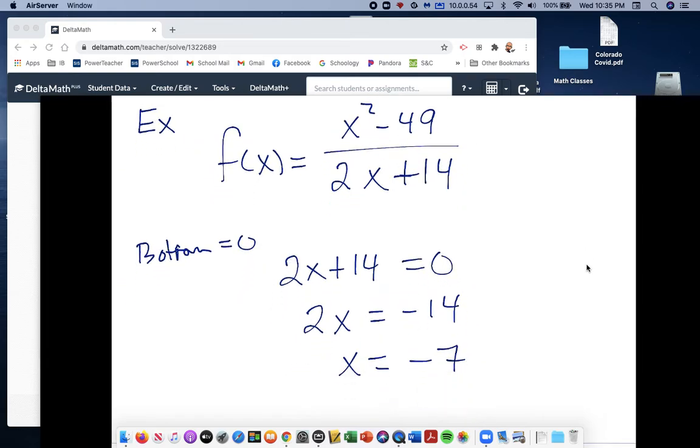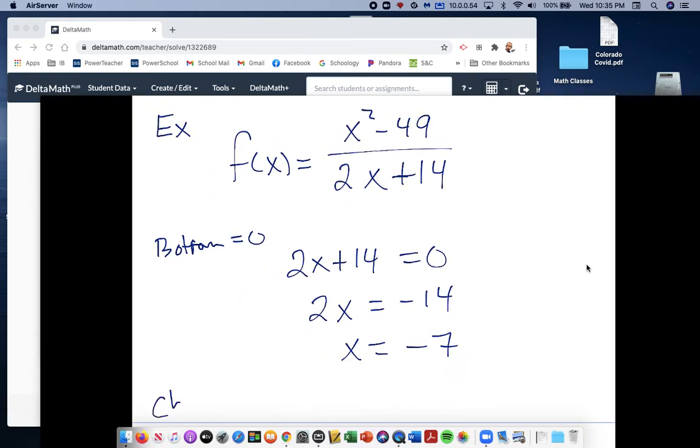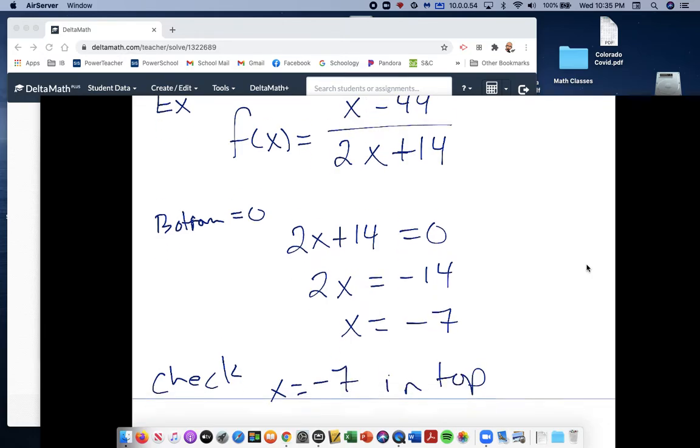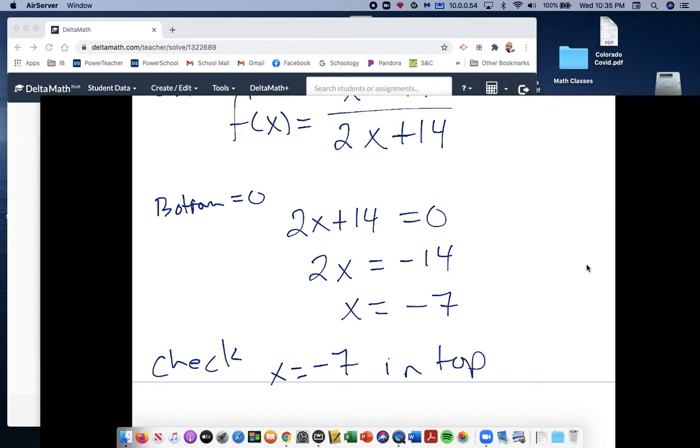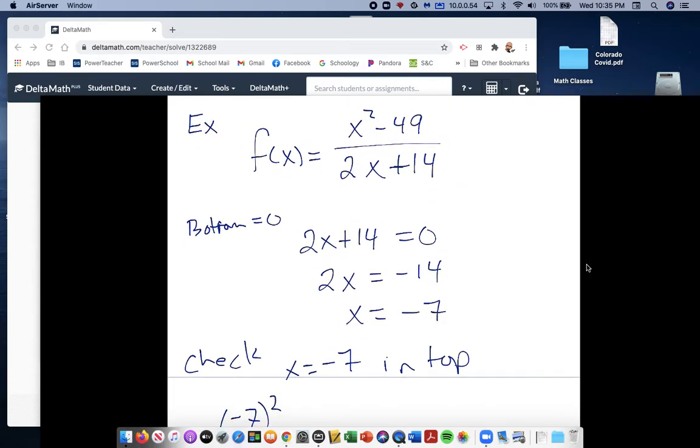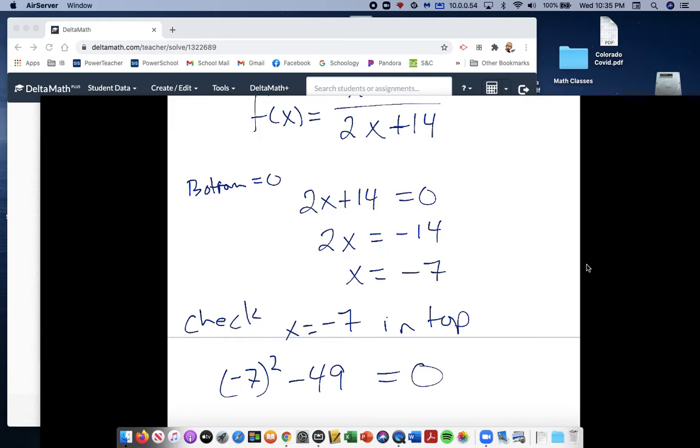But now we got to check x equals negative 7 in the top. And notice when you do negative 7 squared minus 49, you get 0. Well, that's not what we needed.